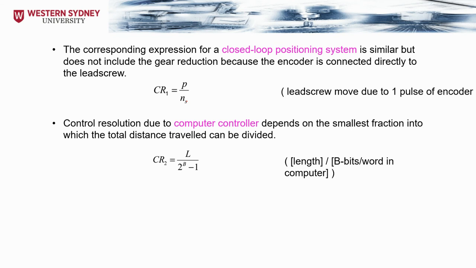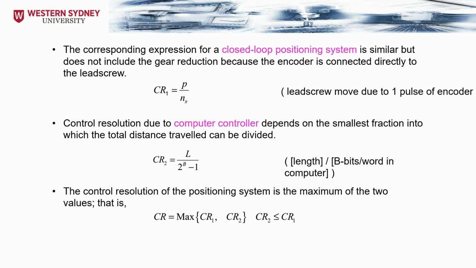Why? Because the encoder is connected directly to the shaft without any reduction gearbox. Now, the control resolution due to the computer controller depends on the smallest fraction into which the total distance to be traveled can be divided, as follows. CR2 is equal to the length which has been moved, divided by 2 to the power b minus 1, where b is the number of bits in the computer.